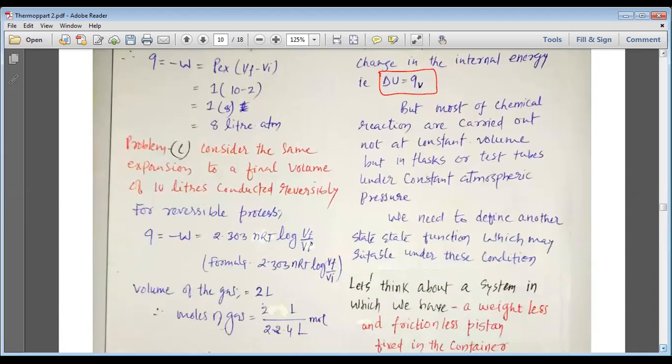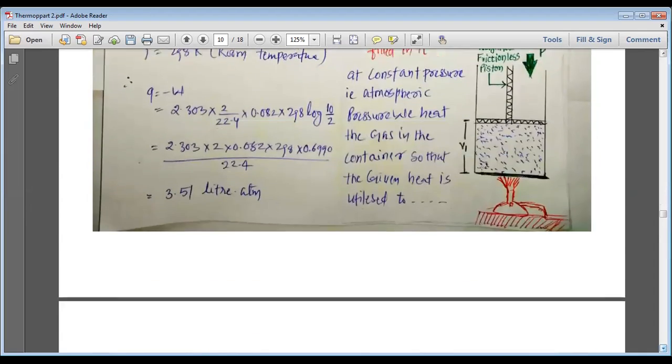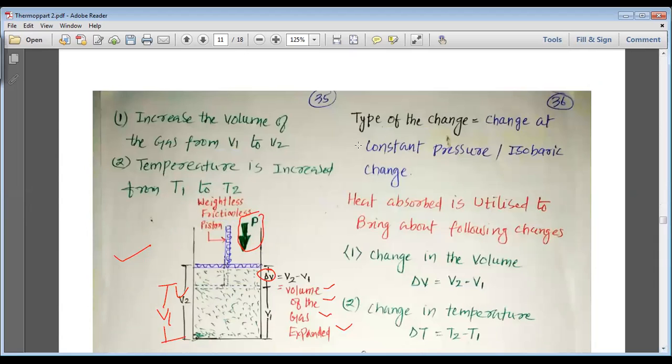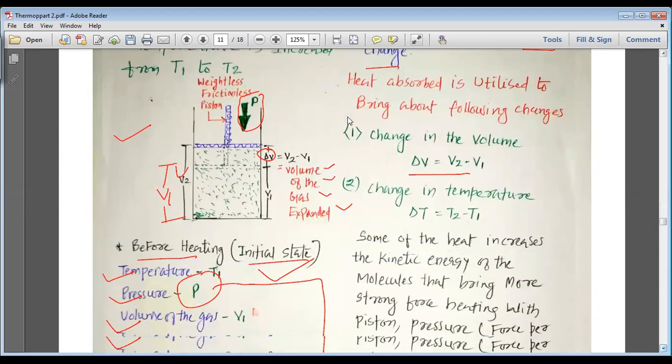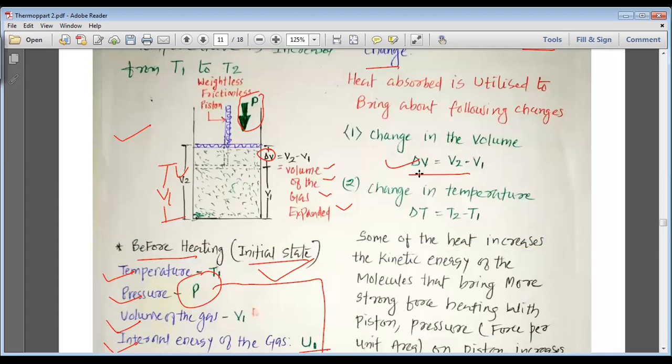So as the heat is absorbed at constant pressure, we would call it heat absorbed at constant pressure, QP. Let us see. The type of change is change at constant pressure, which is an isobaric change. So here the heat absorbed is utilized to bring about the following changes. Volume is increased from V1 to V2 and temperature is increased from T1 to T2.